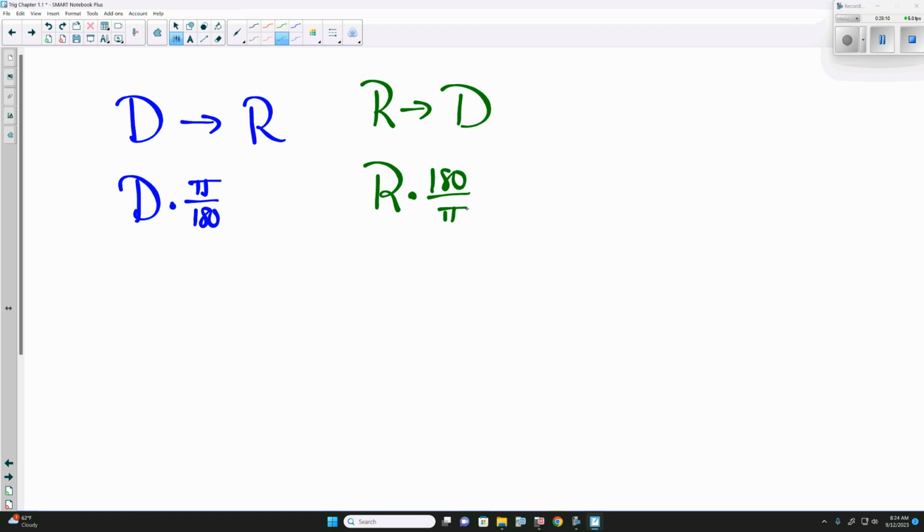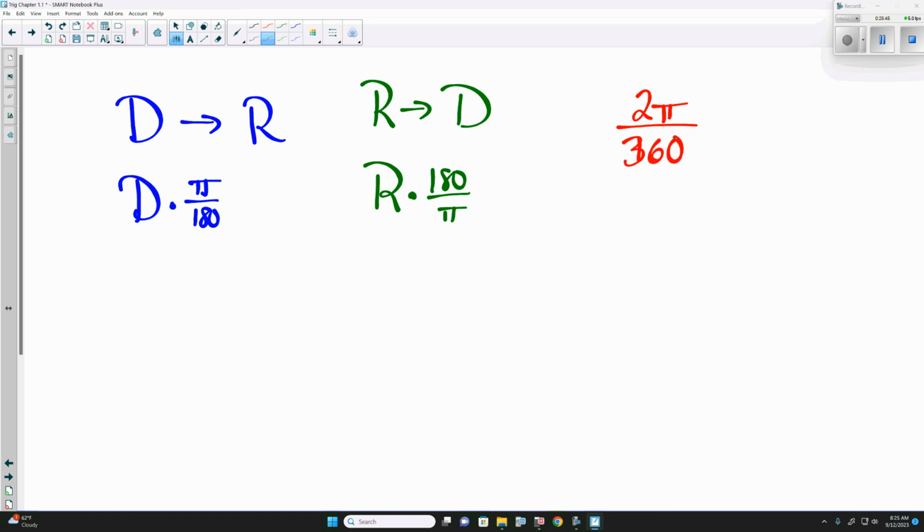Now this might be something new, it might be something you've seen before. Now this is really revolving around the fact that a full circle in radians is 2 pi.